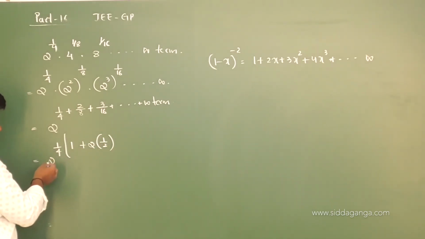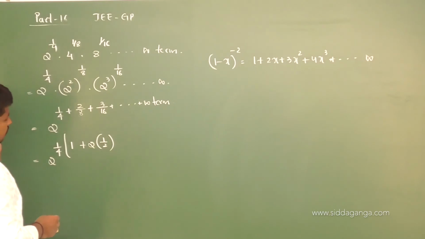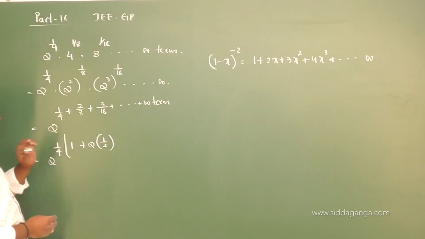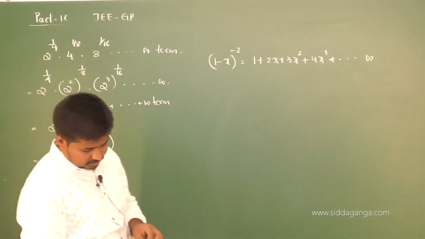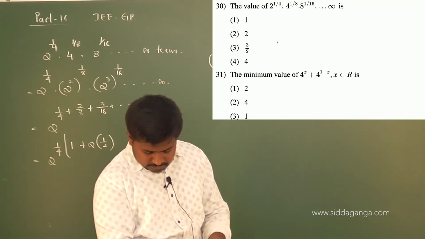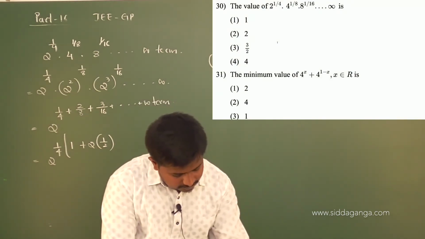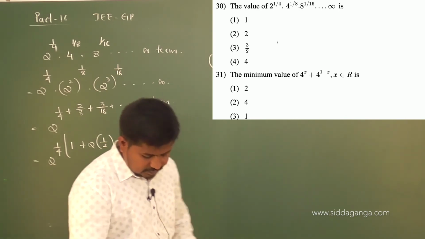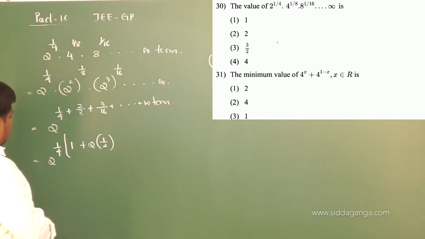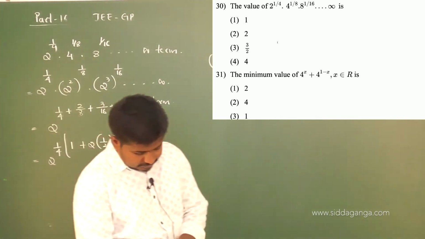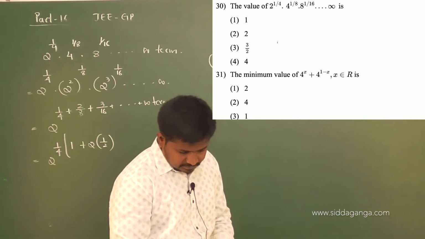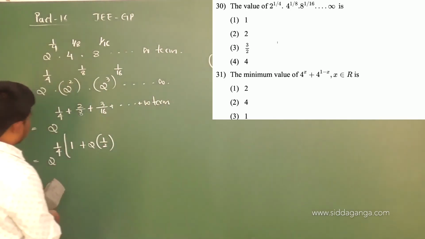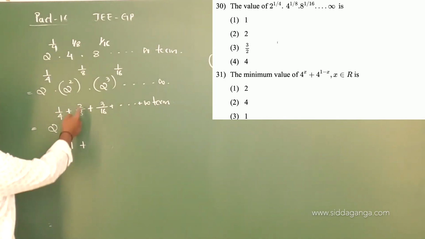So 1 by 4 into 1 plus 2x. If I take 1/4 outside, what do you get here?